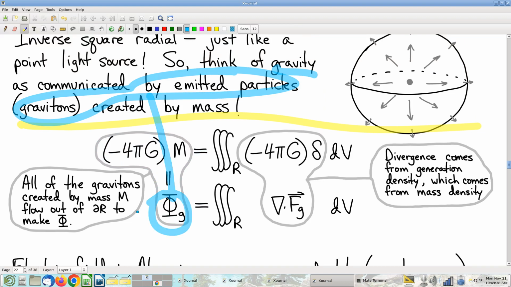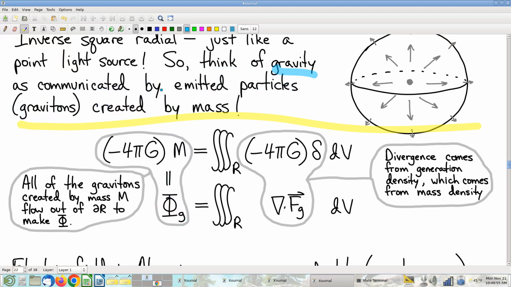So if you come along for the ride here, and let's think of gravitational fields as being flows of gravitons, flux is very natural. Is that cool?